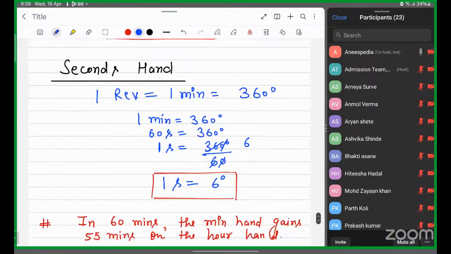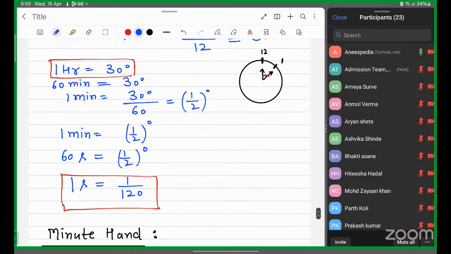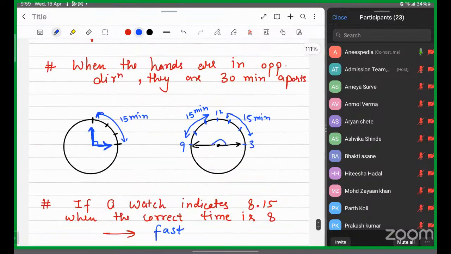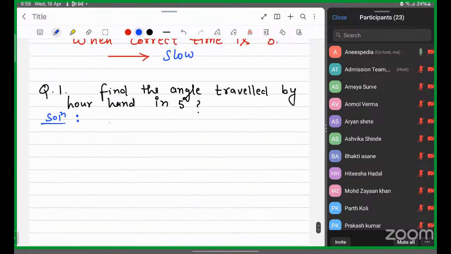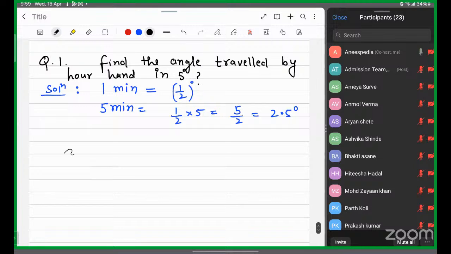In 1 minute, we have 1/2 degree for the hour hand. So in 1 minute, it travels 1/2 degree. In 5 minutes, it will travel 1/2 into 5, that is 2.5 degrees. Yes or no?